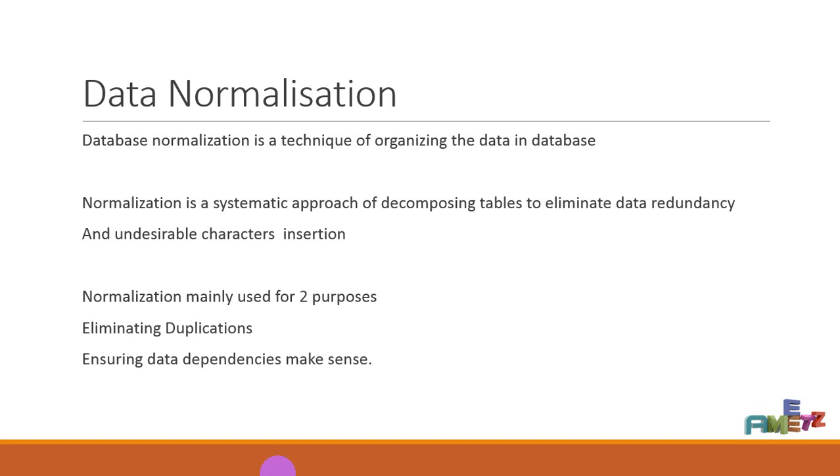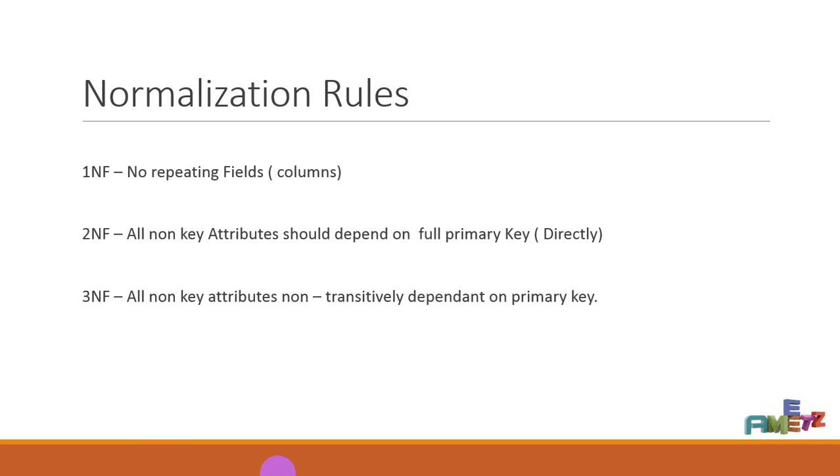First of all, we need to understand eliminating duplicates. For that we have certain rules: 1NF, 2NF and 3NF. We have many other rules also, but these are the primary rules you need to understand. 1NF is nothing but no repeating fields, that means columns. 2NF is that all non-key attributes should depend on the full primary key, directly and on the primary key alone. 3NF is that all non-key attributes are non-transitively dependent on the primary key.